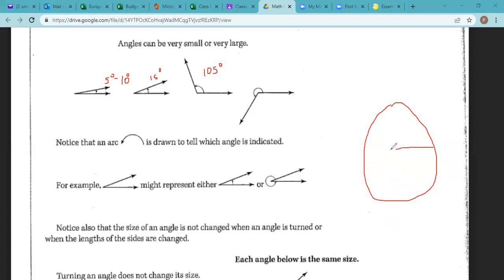And halfway around right here would be 180 because that's half of 360. But what if I do this? What if I took this circle and I divided it into 4 pieces? Oh, that's so bad. Sorry about this. Let's try that again. A little bit nicer, hopefully.